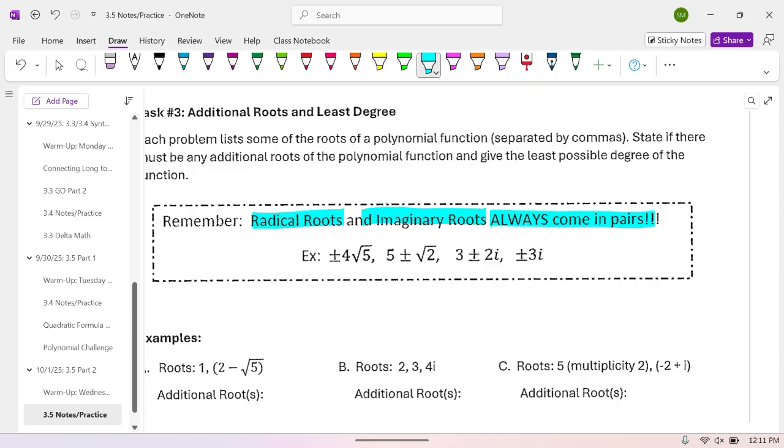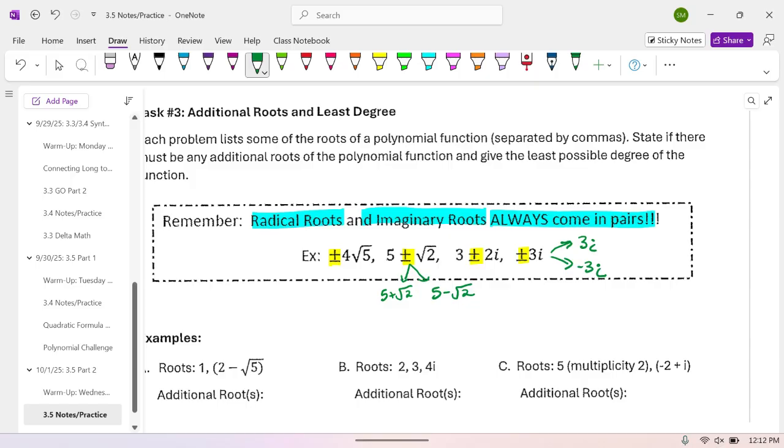So, if your root contains a radical or an imaginary number, so a radical symbol or an i, they come in pairs, meaning there should be a positive version and a negative version because the 2 comes from the plus minuses. All right, so for example, if I broke apart this one, this would be 3i and negative 3i. If I broke apart this one, it'll be 5 plus square root 2, 5 minus square root 2.